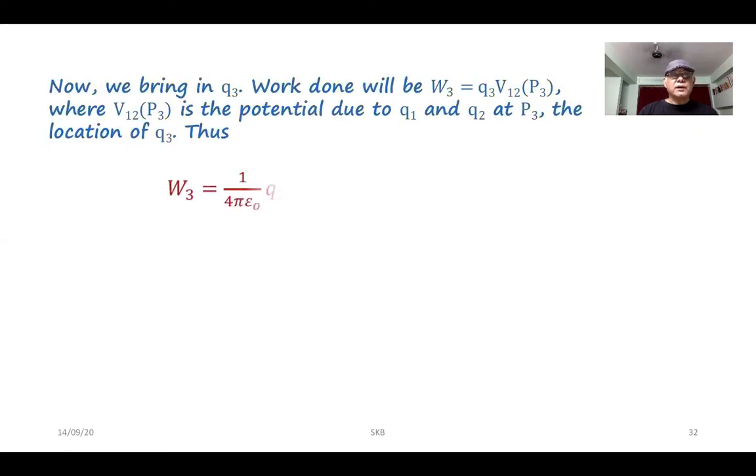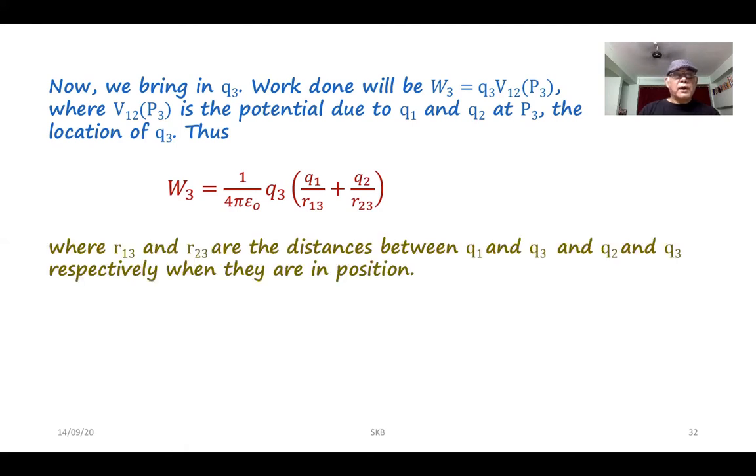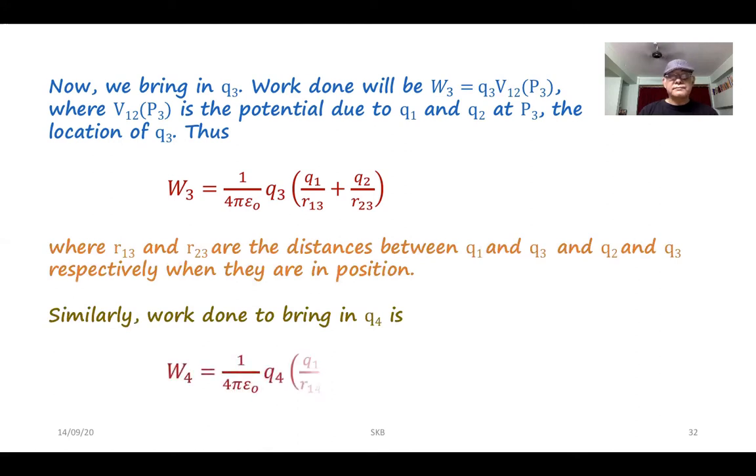Thus, W3 is equal to 1 by 4 pi epsilon naught q3 into (q1 by r13 plus q2 by r23), where r13 and r23 are the distances between q1 and q3 and q2 and q3 respectively when they are in position. Similarly, work done to bring in q4 is as given in the equation. I will not read it out.